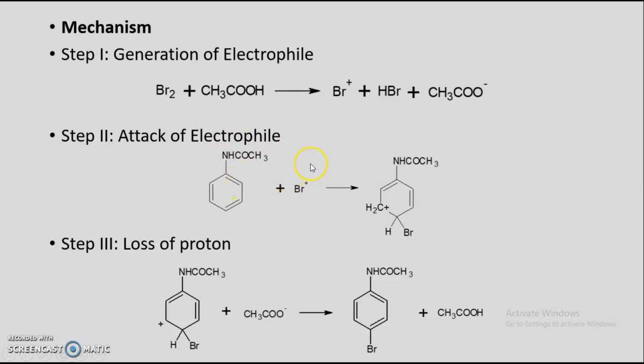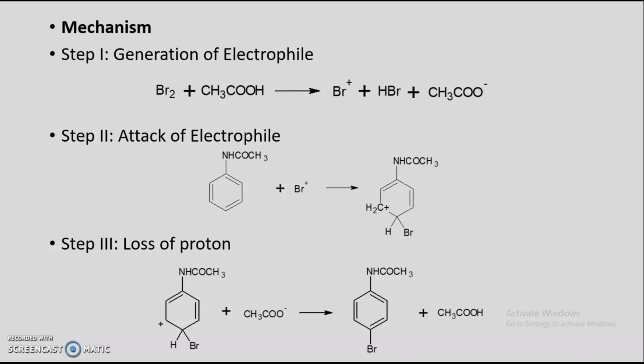The bromine and the acetanilide group come very close to each other, so there is less space to occupy both groups at the same position. To get a more stable, more favorable position, the bromine atoms move from the ortho position to the para position, and the bromine attacks the para position.